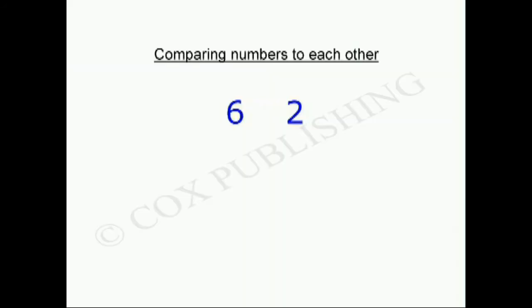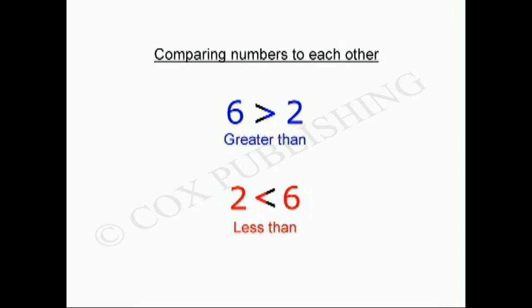Now let me explain how you can always remember which sign to use. Here is an easy way to remember the definition of the 2 different ways an arrowhead can point if you forget. In the first set of numbers, you'll notice that the larger number is first and the smaller number is second, and the tip of the arrow always points to the smaller number. In the second set of numbers, the smaller number is first, and again, the tip of the arrow is still always going to point to the smaller number.